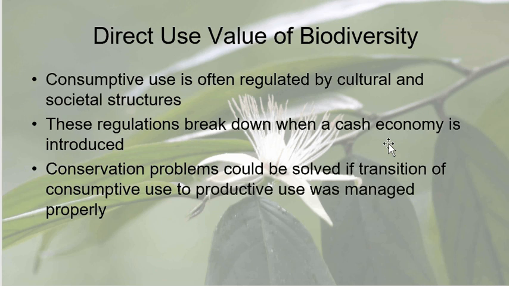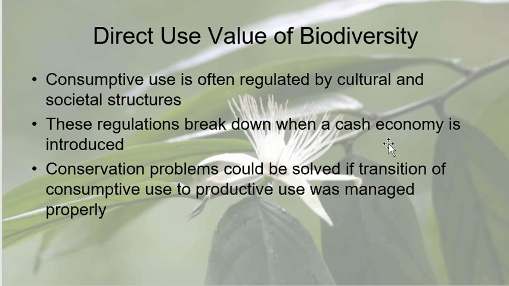These regulations, these cultural and societal structures, quite often break down when a cash economy is introduced into an area. So subsistence people can actually begin to over-harvest their biodiversity when they are offered cash for the products which they harvest.